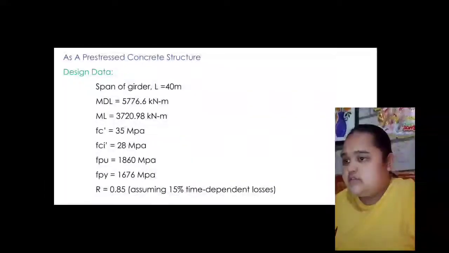Design of prestressed concrete. This is the design data. Span of girder or L is 40 meters. MDL is 5776.6 kilonewton meter. ML is 3720.98 kilonewton meter.